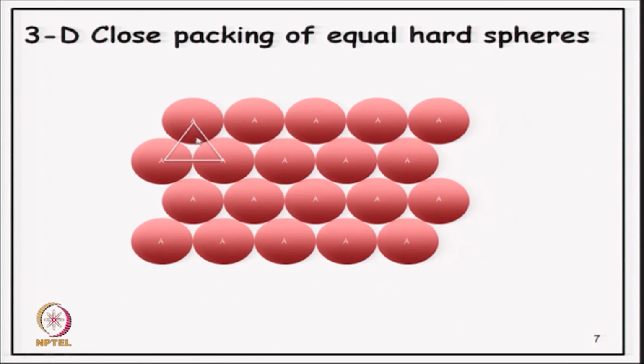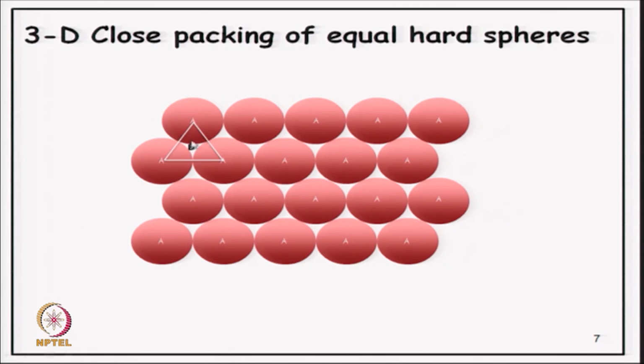So, for dense packing or for stable packing, the next layer of atoms will go into crevices like this. So, this is one kind of crevice which is formed by 3 A atoms which are forming an upright equilateral triangle. So, there is a crevice here and the next layer of atom can sit there.